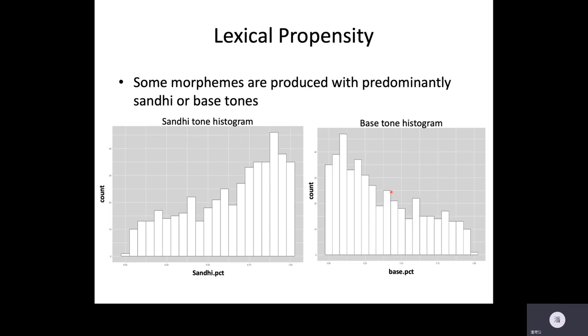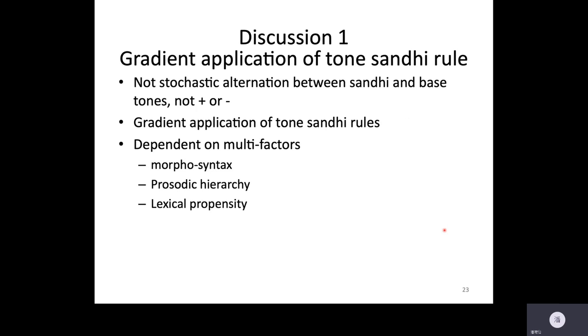However, there are very few morphemes that were produced with a high percentage of base tones. Again, these two histograms show the effect of lexical propensity on Sandhi and base tone production. In sum, the application of tone Sandhi rules is not realized in a binary manner, but in a gradient manner.